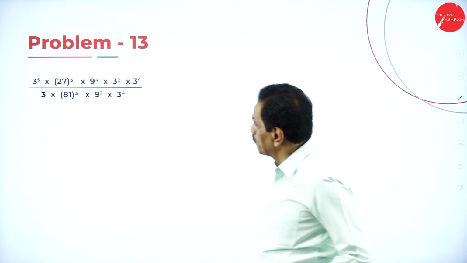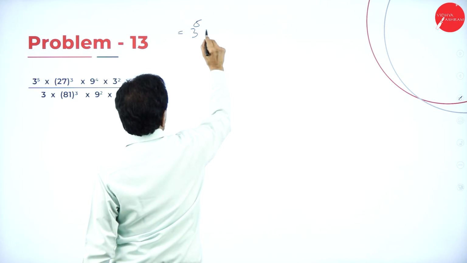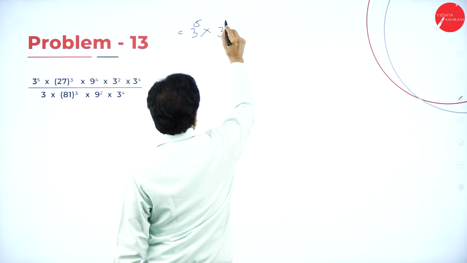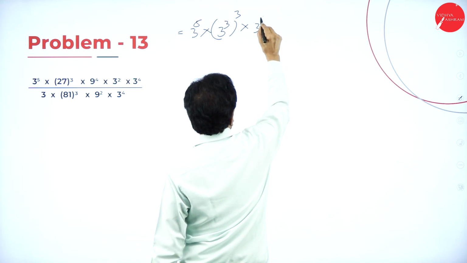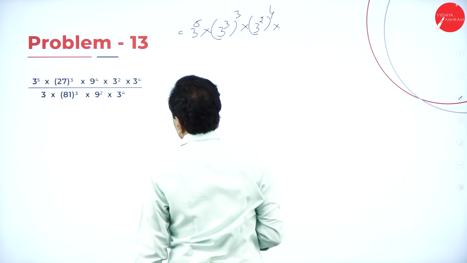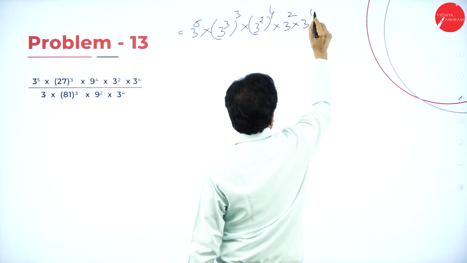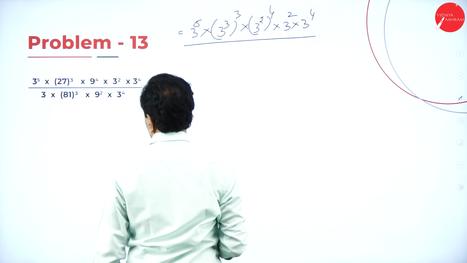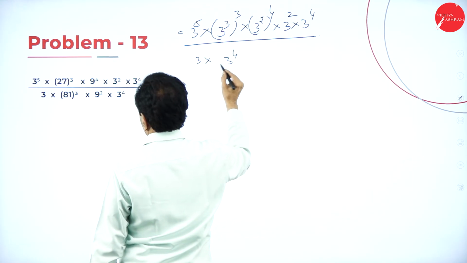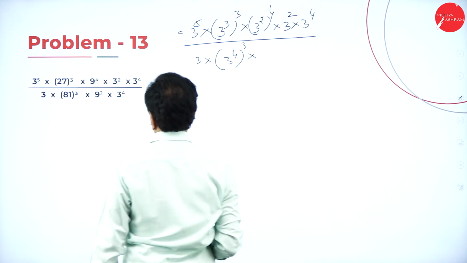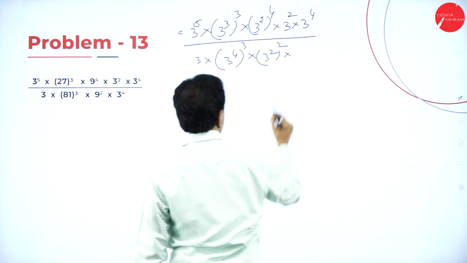Last, 13th problem. 3 to the power of 5, 3 cube to the power of 3, 3 square to the power of 4, 3 to the power of 4 whole cube, 3 square to the power of 2, 3 to the power of 4.